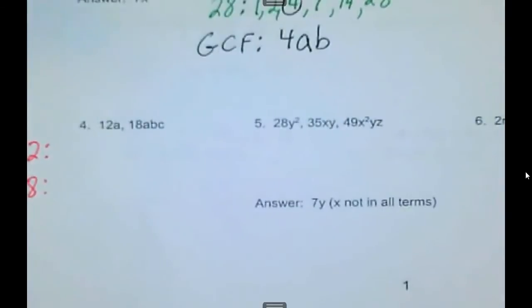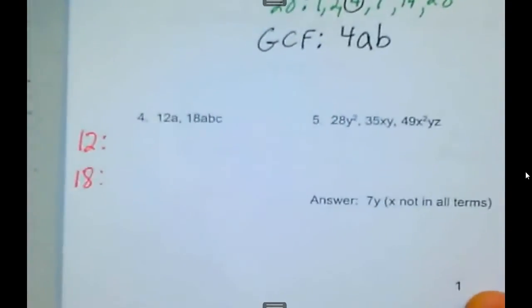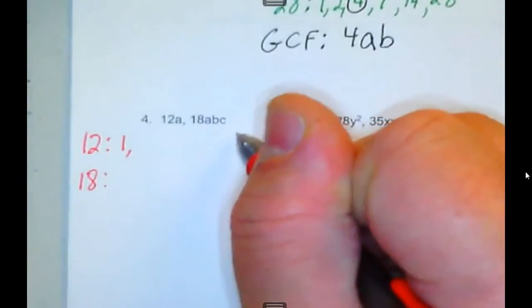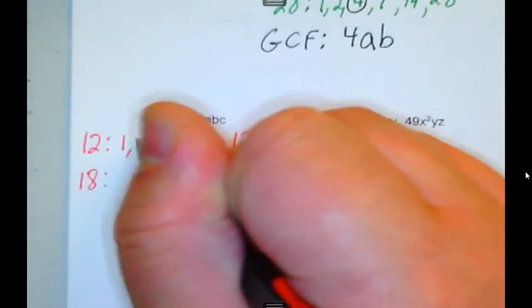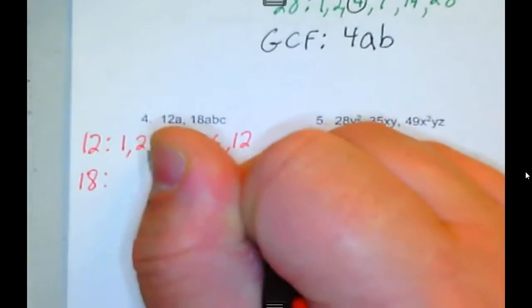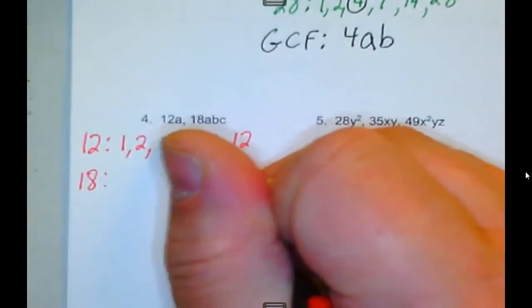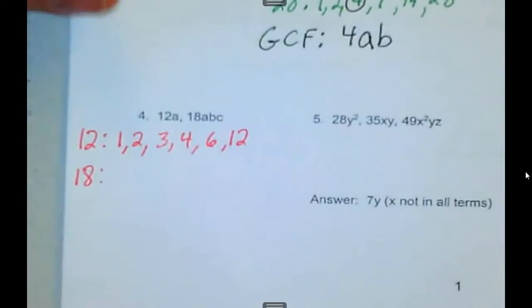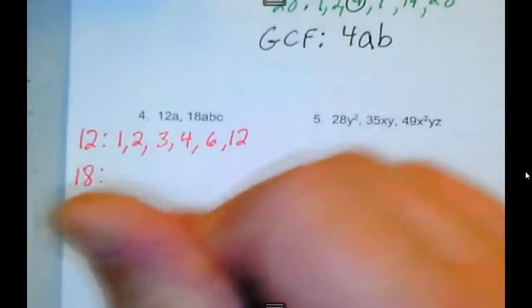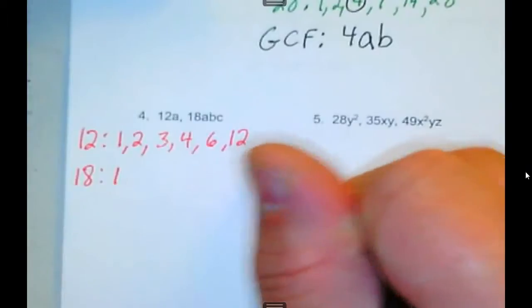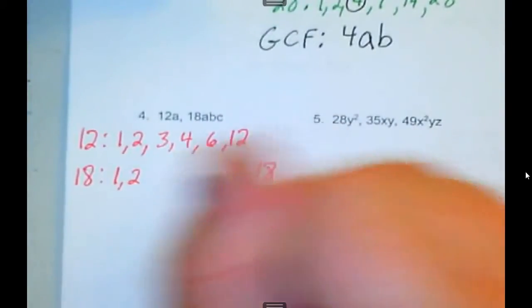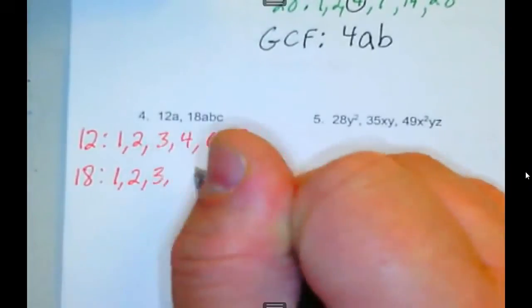Okay, what are the factors of 12? 1 and 12. 2 and 6. 4 and 3. How about 18? 1 and 18. 2 and 9. 3 and 6.